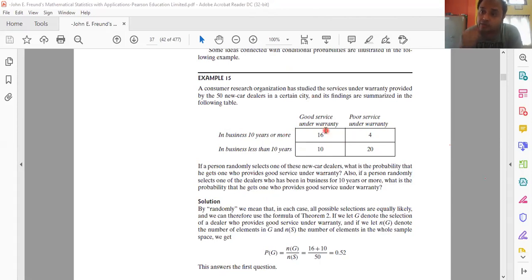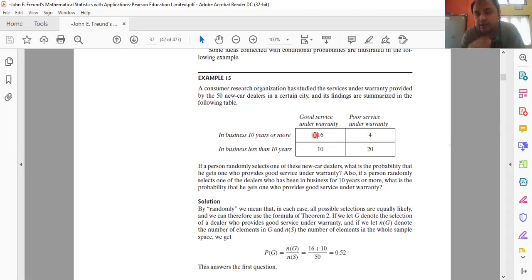Now, with respect to that sample space, the size of which is 20, you want a person who will give you good service under warranty. So that number is 16. So the probability will be, I'm not going to the next page. Whatever they have written, we shall discuss it later on. But before I look into the solution, I'm doing it my own way.